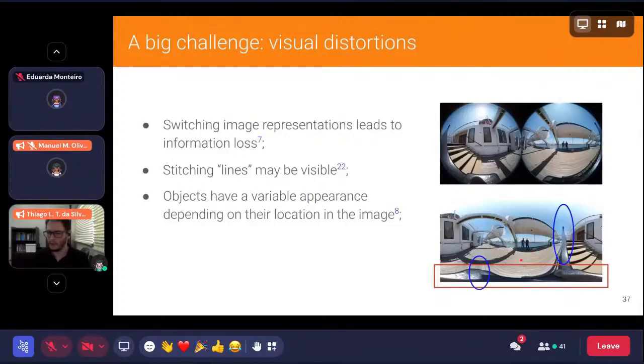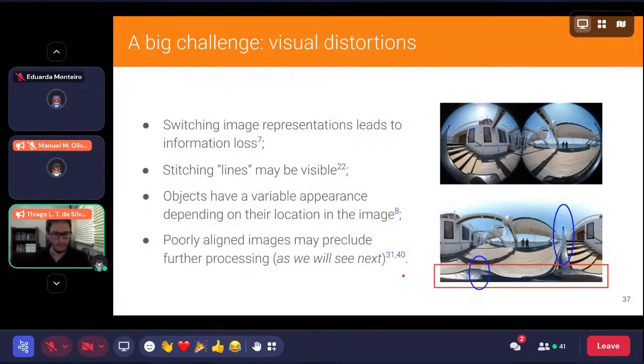If I'm here, on the side, very close to the camera, I will have a head that covers most of the North Pole, and maybe my hand will cover most of the South Pole. So this is one thing that we need to pay attention to when we are working with spherical images, especially in, I don't know, detection tasks where we don't have a fixed appearance model for the objects.